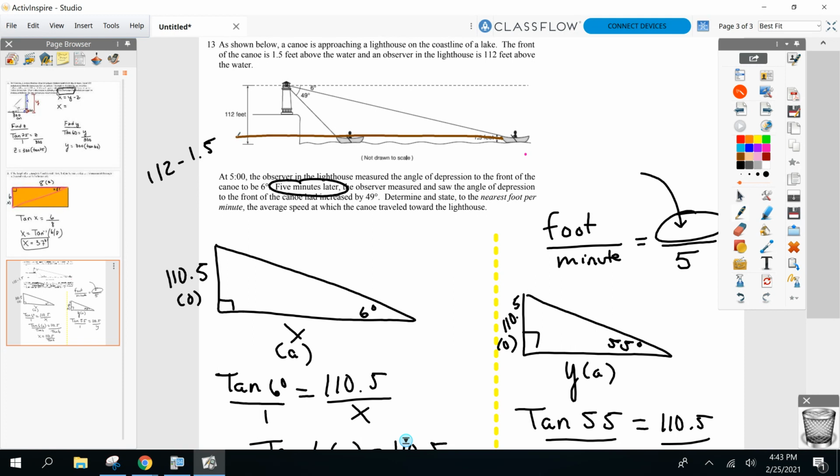Here's where there was one right triangle right here. Okay, that was one right triangle. I mistakenly drew the horizontal line I wanted wrong. And then here is your other right triangle, the smaller one I was talking about. So that's why I subtracted the 1.5. I was using those right triangles.